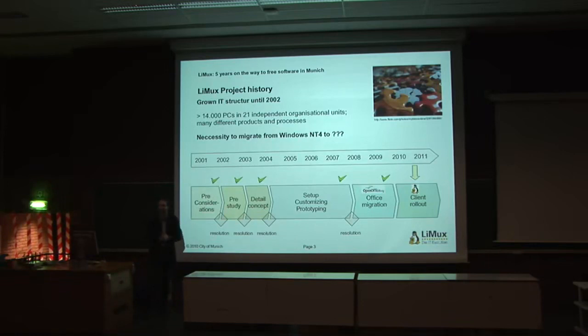After using open standards, we can use open source everywhere for the desktop, for the operating system, for the Office product. So the upcoming 2 years will be our client rollout phase. Now we have completed the switch to OpenOffice.